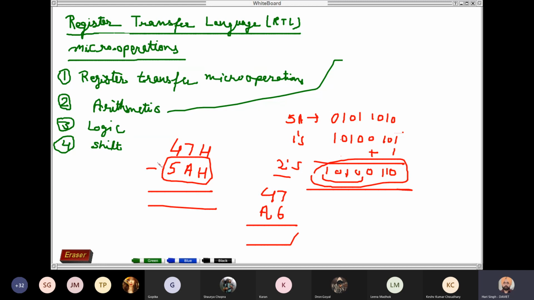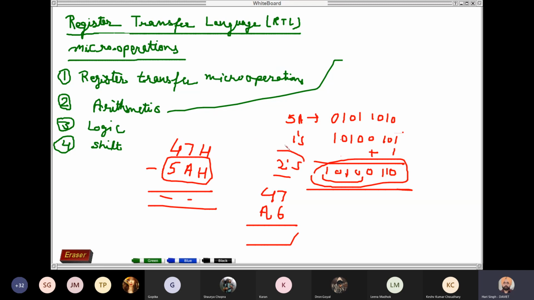In both the cases you will find the same result. By using a calculator or by manual method, if you perform 47 minus 5A and 47 plus A6, you will find similar results. So in microprocessors, instead of using a separate subtractor circuit, we make use of an adder circuit with the 2's complement method.